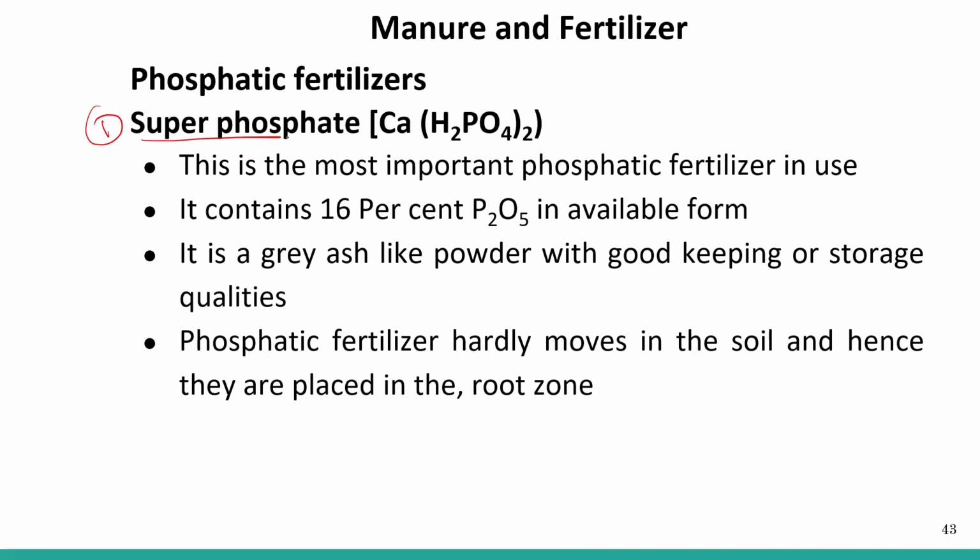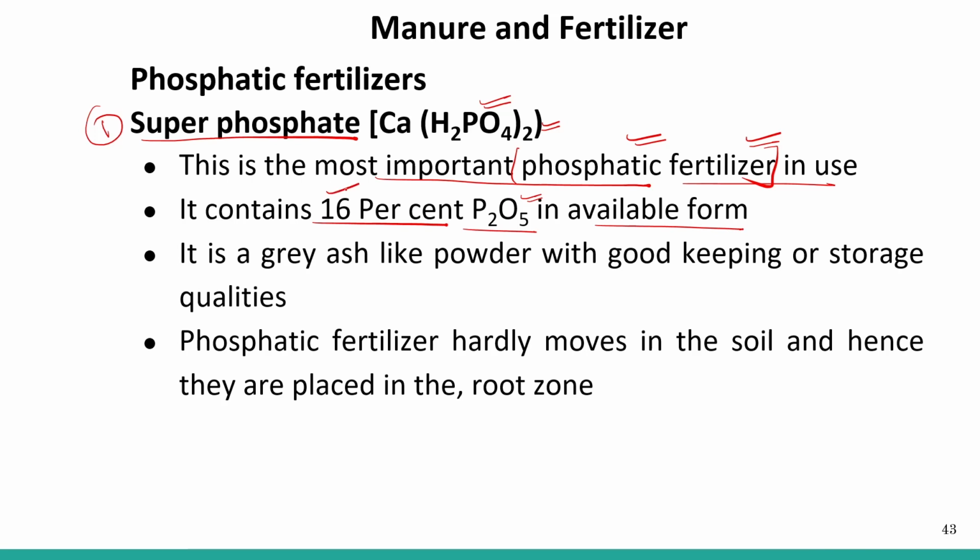The first example is the superphosphate, that is calcium Ca(H2PO4)2. It is the most important phosphatic fertilizer in use, and it contains 16% of P2O5, that is phosphorus pentaoxide, in available form.